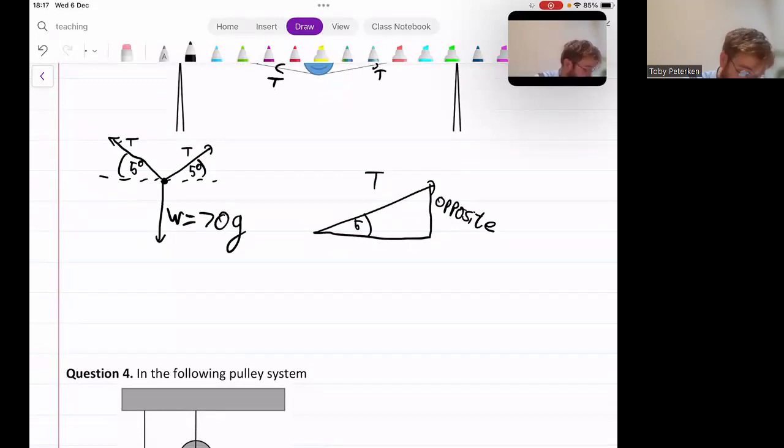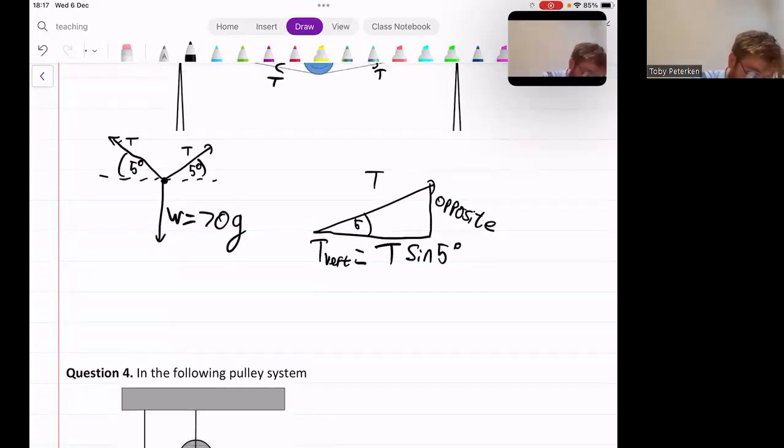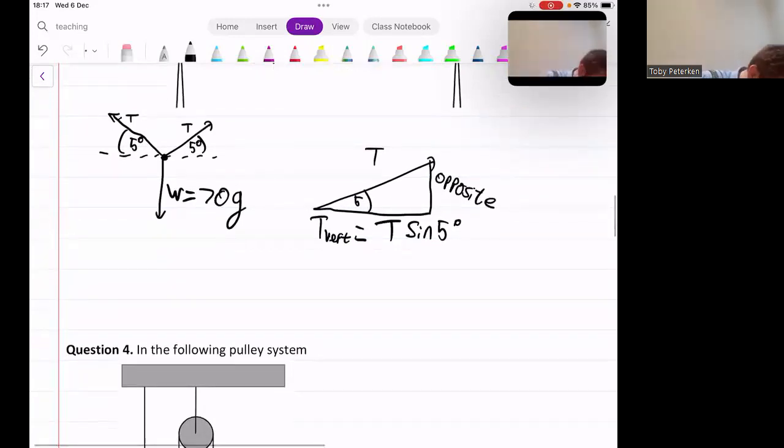So we have the vertical component, let's call it T vert, equals the tension times sine of 5 degrees. Okay, and now we need the vertical components of tension to balance out the weight. So the weight equals 2 times T vert.